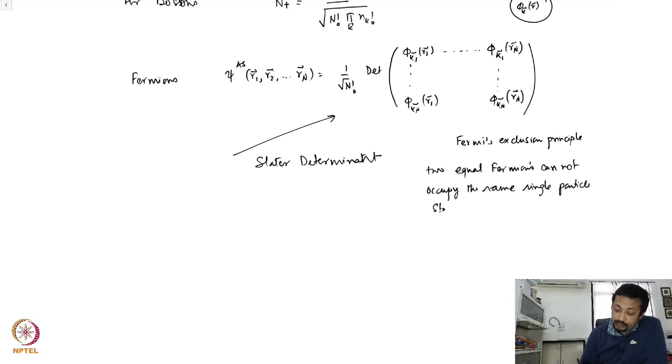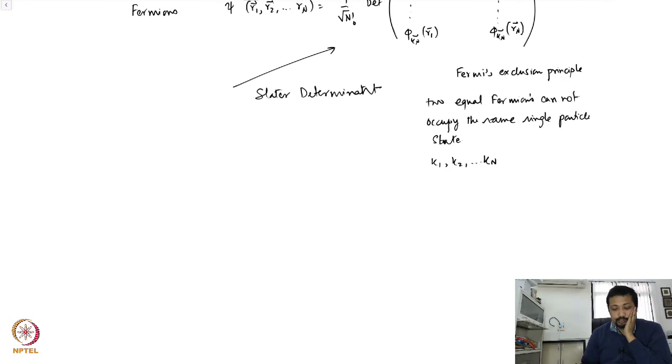For if that was the case, then two of the quantum numbers in the set k1 to kn would be equal, in which case two of the rows in the determinant are going to be equal and the wave function identically vanishes.